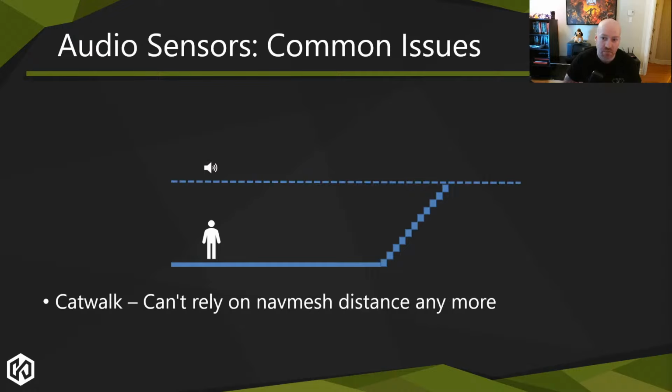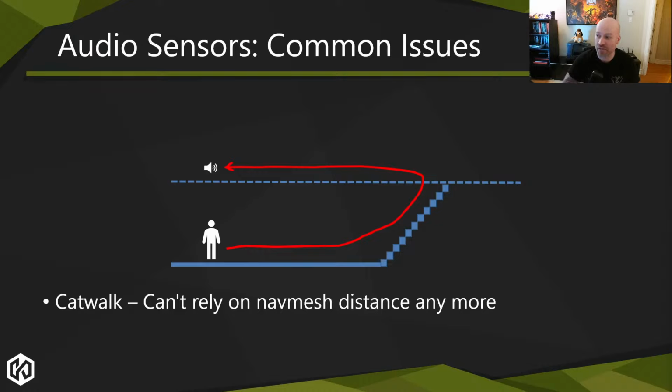Additionally, imagine that was a catwalk, right? So now I have a sound up there, but it's a catwalk. And again, this is an actual example from the game. So you can see through it. It's directly above you. This is not the right thing to do, because now that might fail, but it's literally a meter above me.